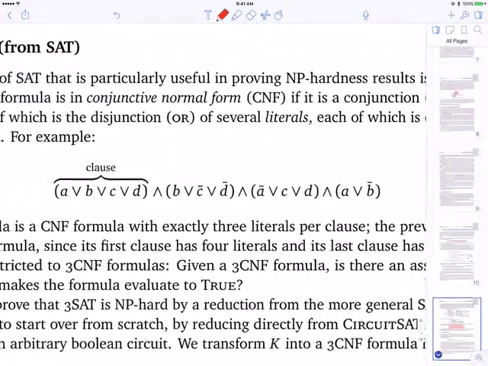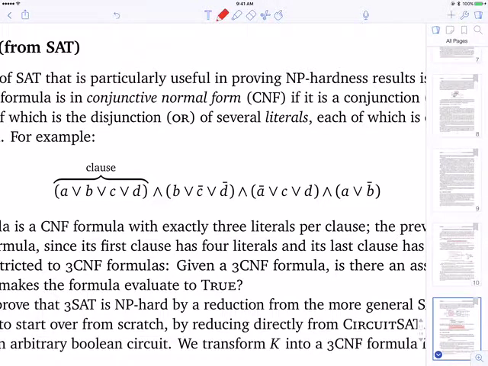Specifically, I'm going to look first at Boolean formulas that are in what's called conjunctive normal form. What conjunctive normal form means is that the formula is at the top level decomposable into clauses, these things in parentheses, that are connected by ANDs. It's a conjunction of clauses.